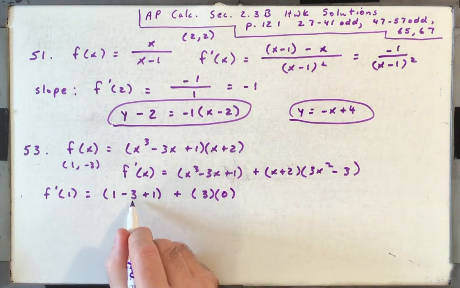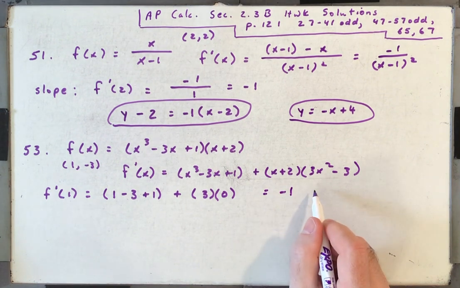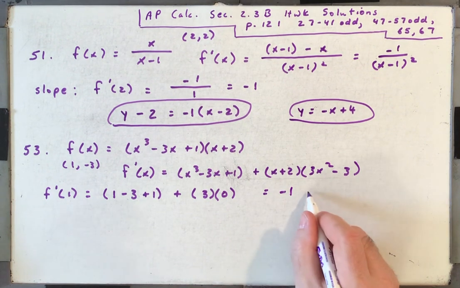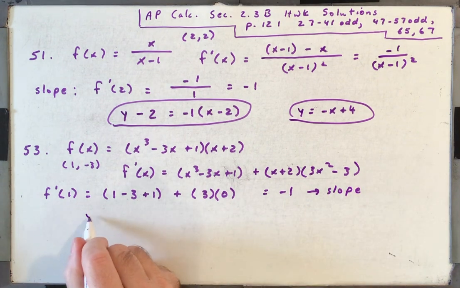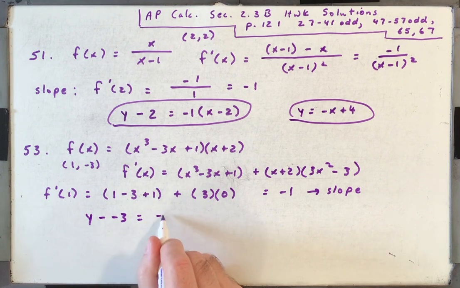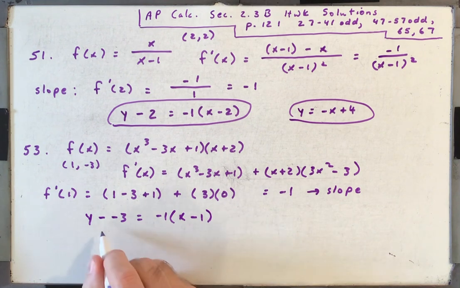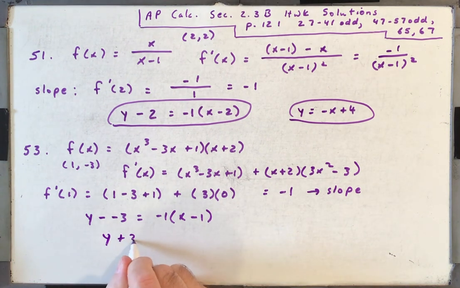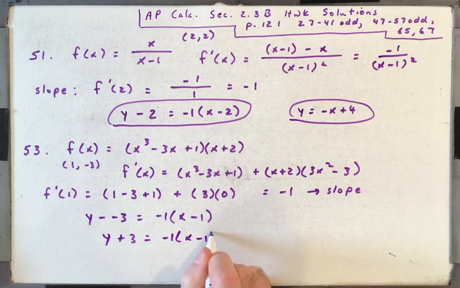So the 1 minus 3 is -2 plus 1, -1, and that is the slope. So our tangent line equation is y minus -3 is equal to -1 times (x minus 1). So that's y plus 3 is equal to -1 times (x minus 1).